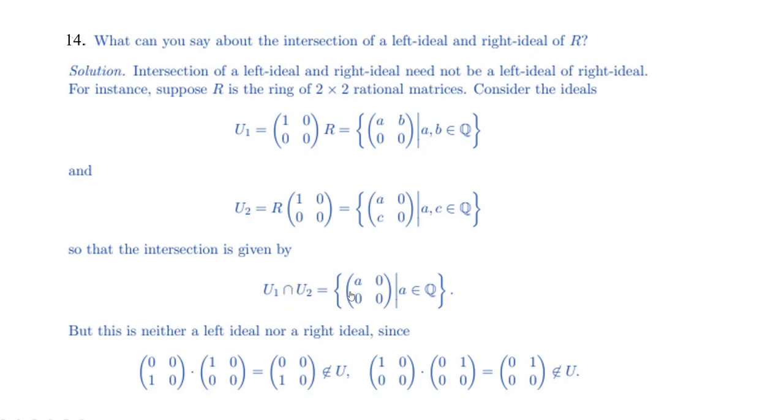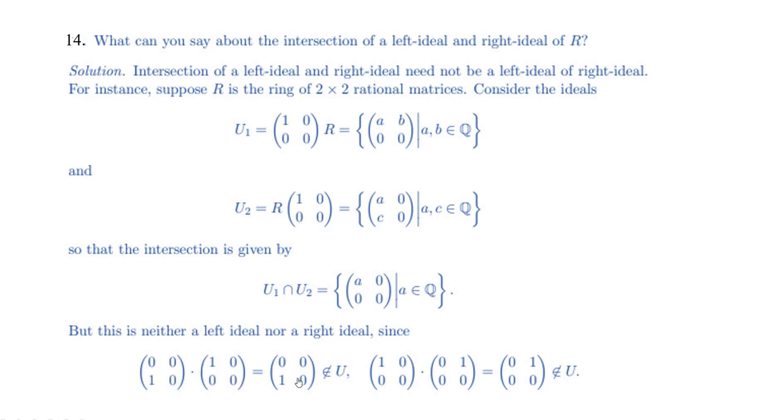So the intersection, when we consider, this is what we have. But this is neither a left ideal nor a right ideal, because when we consider this particular element 1, 0, 0, 0, and this can be any element from capital R, in particular we choose this.